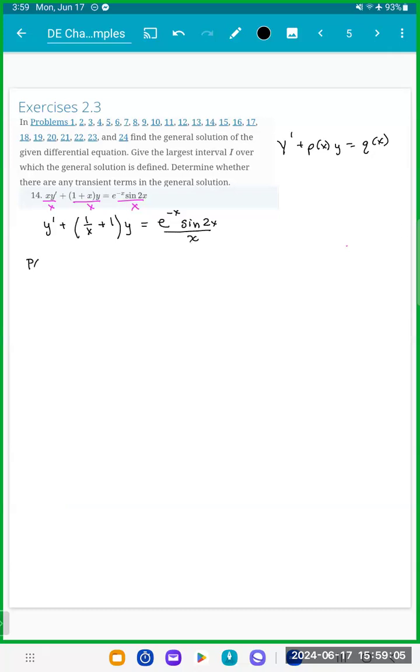So in this problem, our p of x is going to be 1 plus 1 over x. It's this piece right here. I've just reordered how we write that so that the constant is listed first. And then our q of x is just what is on our right-hand side, which is e to the negative x sine 2x divided by x.